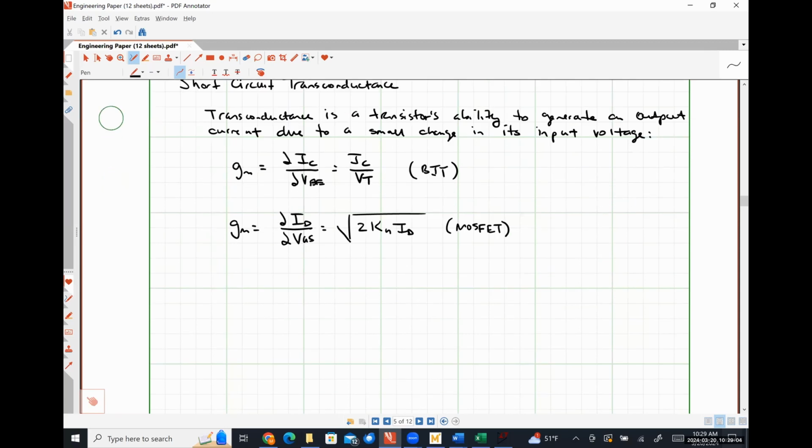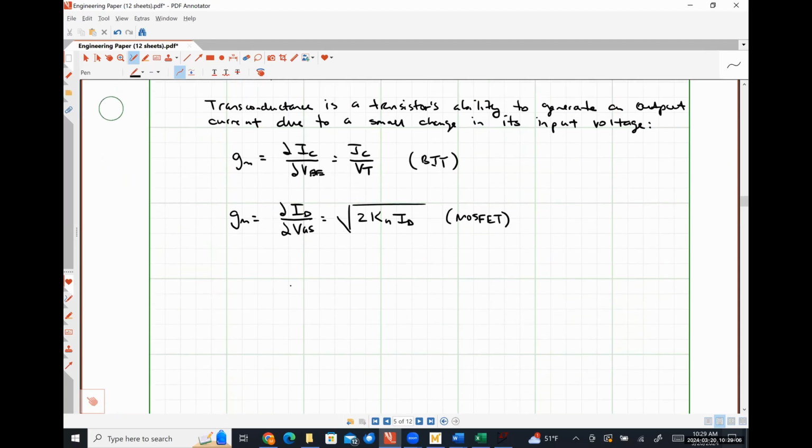So let's say in general that I have a linear circuit and I apply some input signal V in.